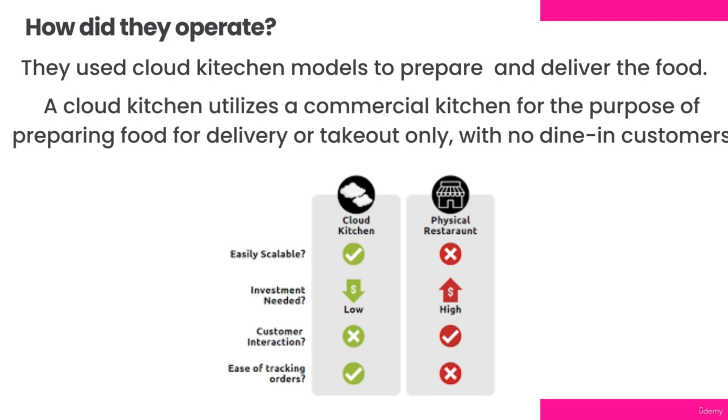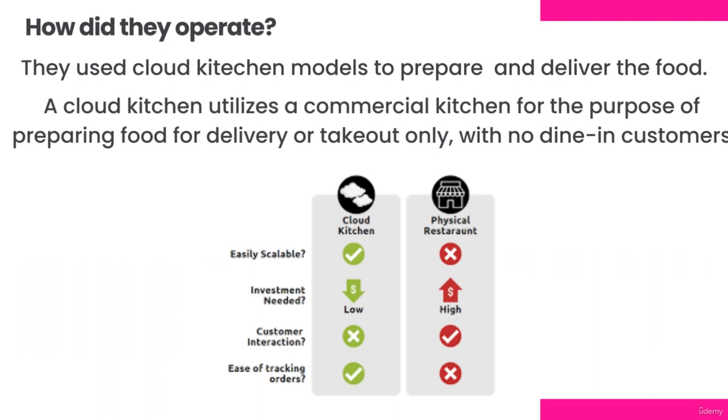Either people can come to your cloud kitchen for a takeout, that is, collect their parcels from there, or the brand, that is the cloud kitchen in this case, delivers food to your home. So basically in a cloud kitchen the only purpose is to cook the food and there are no dine-in customers.